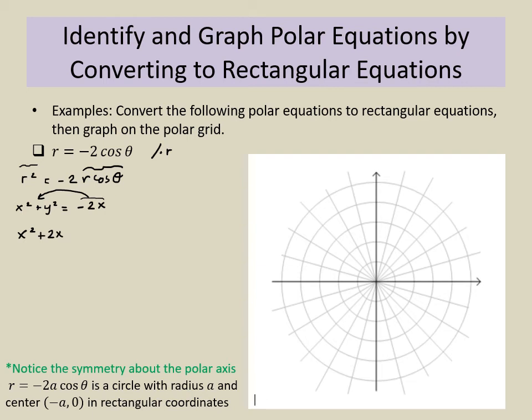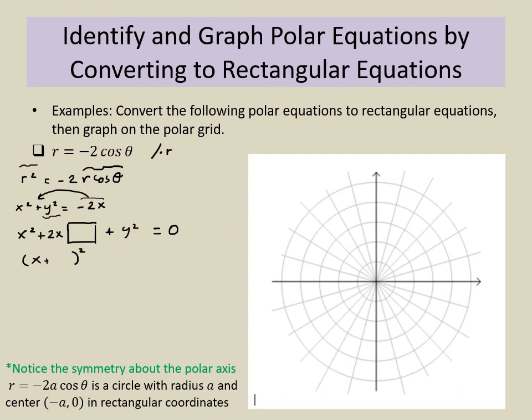Now that's the one this time that needs to complete the square. This is the one that's going to be x plus something squared. So we can leave some space here for whatever number we need. Then we have plus y squared. This one we're going to leave alone, is equal to 0.